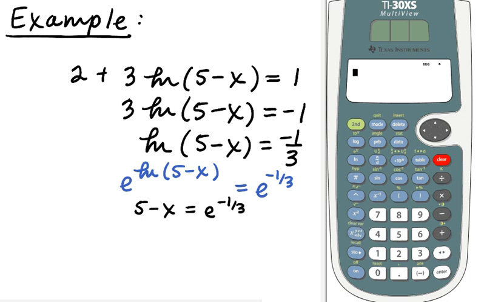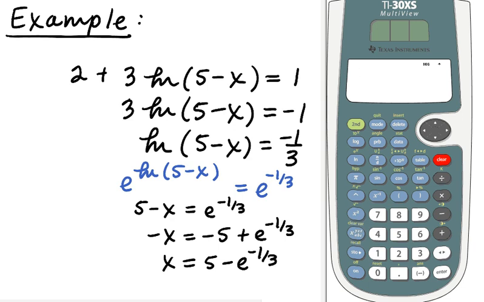Now I'm going to subtract 5 from both sides. -x equals -5 plus e to the -1/3. Then I need to divide by -1 or multiply both sides by -1, however you want to say it. And so x would be, I need to switch the signs of both of these things because I distribute the negative to both terms. It's going to be 5 minus e to the -1/3. This is an exact solution.